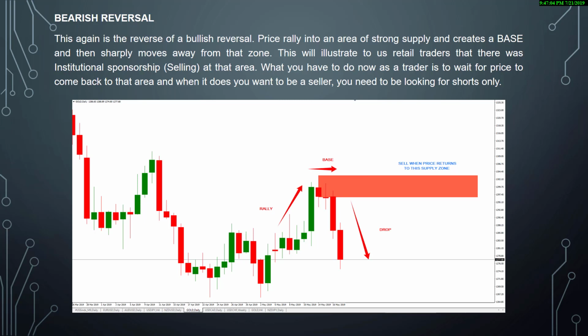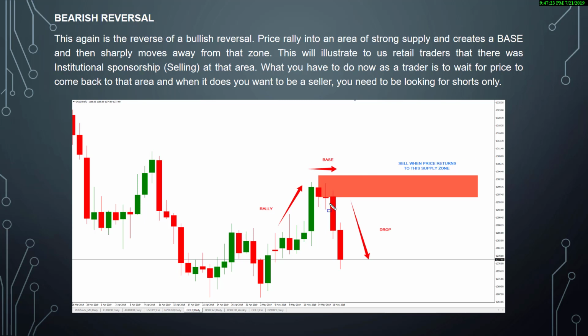What you have to do now as a trader is wait for price to come back to that area, and when it does, you want to be a seller. You need to be looking for short trades only, and for bearish evidence to go to the downside.